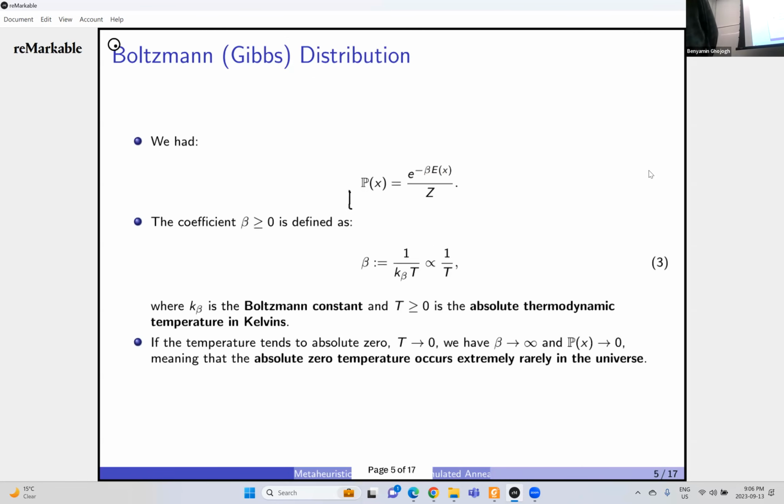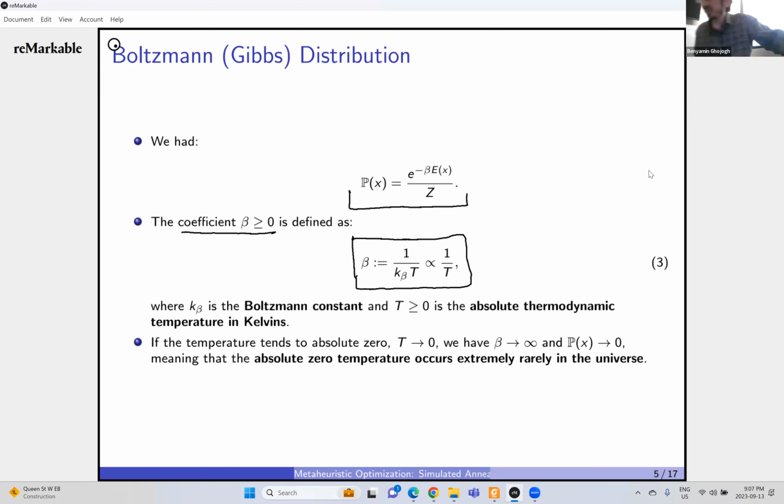So we had this probability. The coefficient beta, by the way, you might be wondering, how is it related to metaheuristic optimization? I will tell you. Soon you'll see. The coefficient beta is greater than or equal to 0, defined as this: beta is 1 over k_B times T. Therefore, it's proportional to 1 over T. What is T? First off, T is the absolute thermodynamic temperature in kelvins.